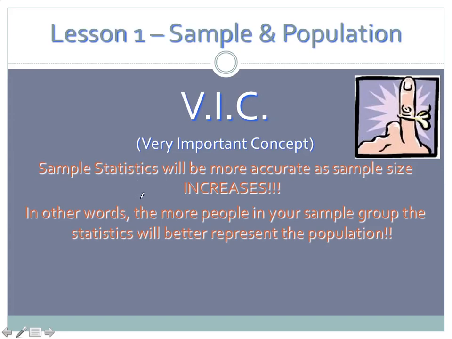In other words, the more people in our sample group, the better the statistics will represent the population. If I just survey a small group, then my data isn't going to be very accurate. But the larger the sample group, the more likely it is to represent the entire population.